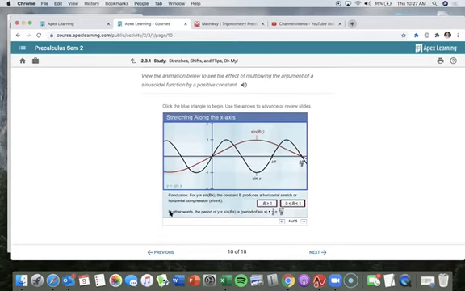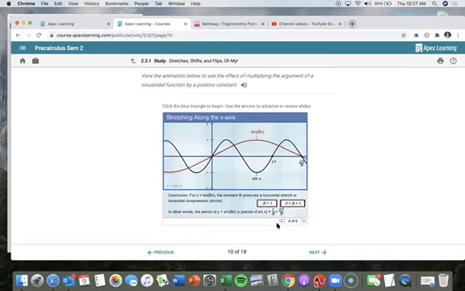In other words, the period of sine of bx is equal to 2 pi, our normal period, divided by b.